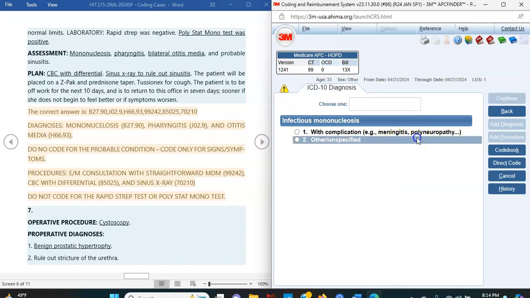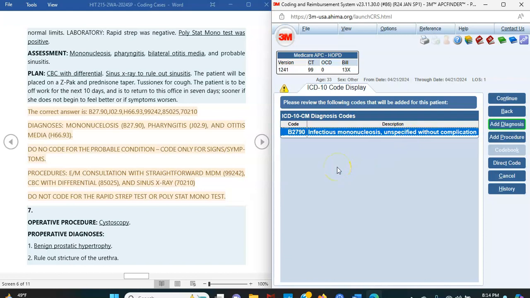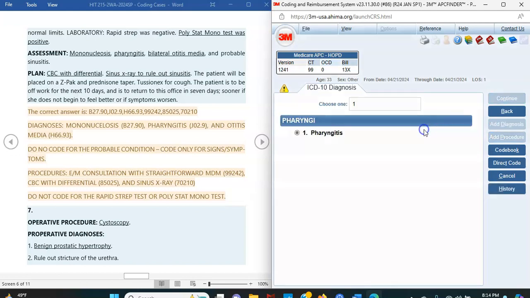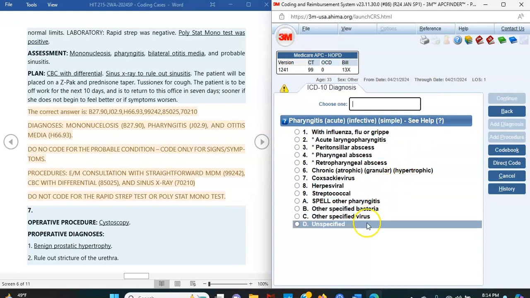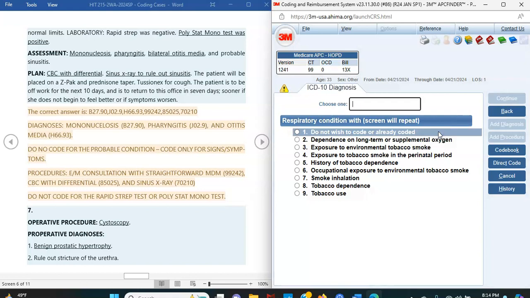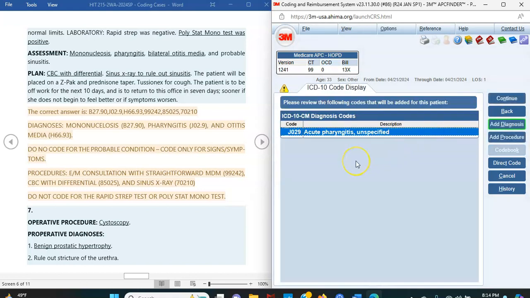Unspecified. B27.90 for the mononucleosis. Then we'll code the pharyngitis. Pharyngitis, and we'll do unspecified. So this is going to be an acute pharyngitis, J02.9.